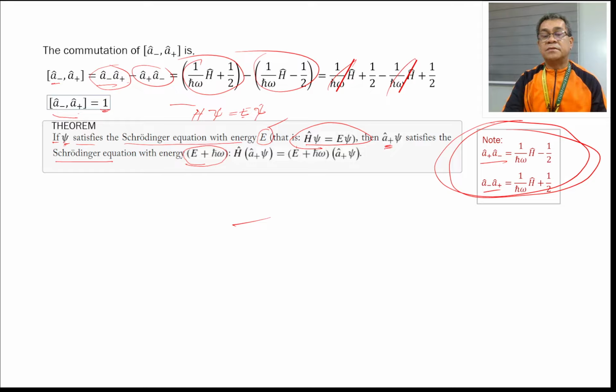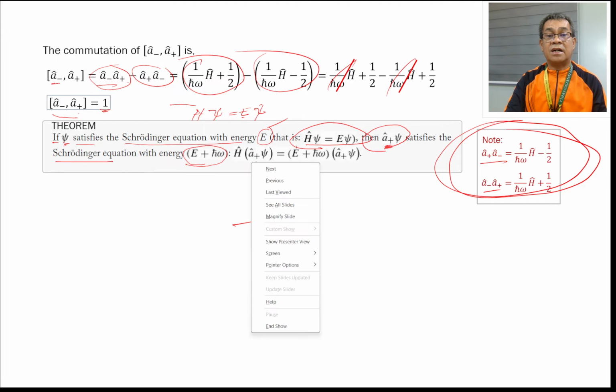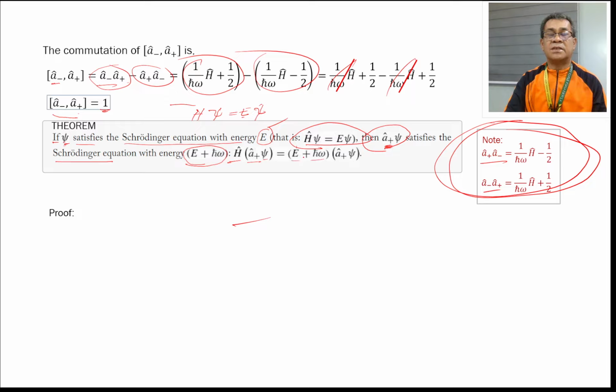So in other words, remember that the lowering operator acting on psi is a kind of operator. If we let the Hamiltonian operator act on the raising operator that acts on psi, it will come up with E plus h bar omega times the raising operator acting on psi.